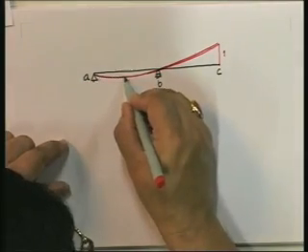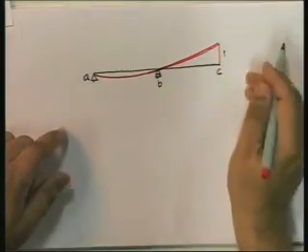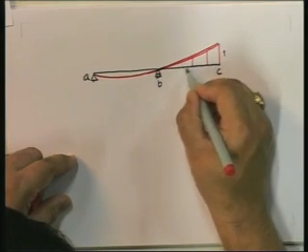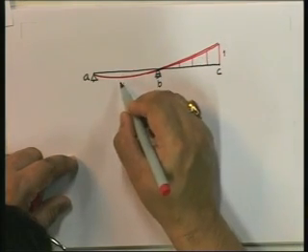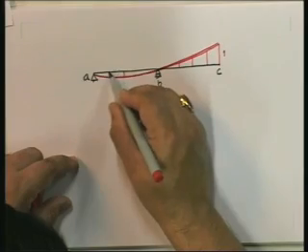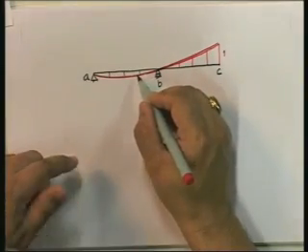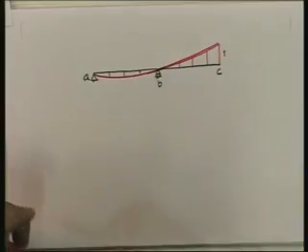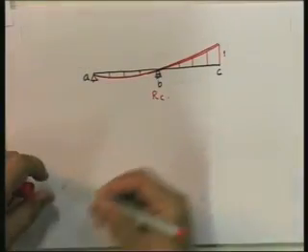You will notice that RA and RC have just the opposite shapes. We will see that later when we do a quantitative analysis.